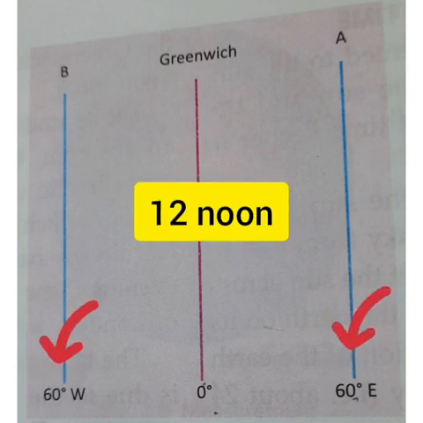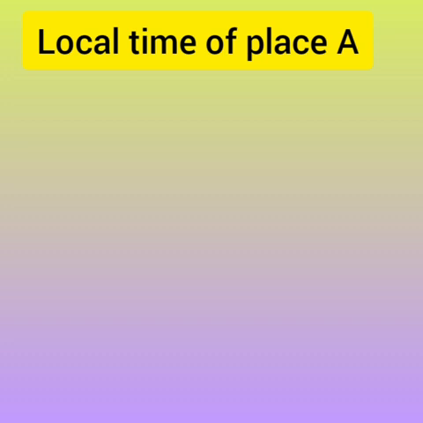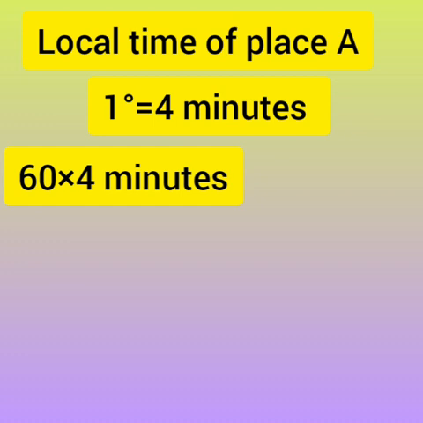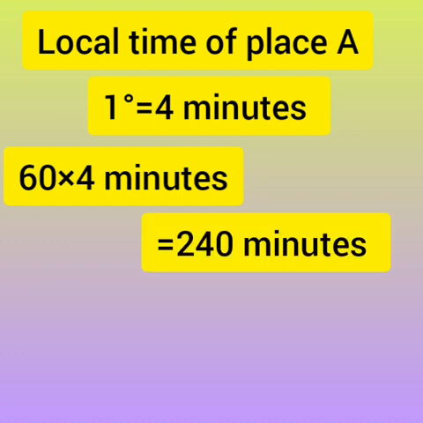Now we have to find the local time at A and B. Let us first find the local time of place A. So we have studied that to cover 1 degree, time taken is 4 minutes. So to cover 60 degrees, how much time it will take? 60 into 4 is equal to 240 minutes, or we can also say it 4 hours.